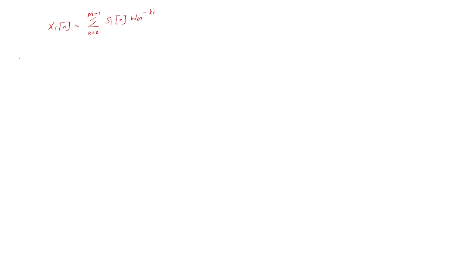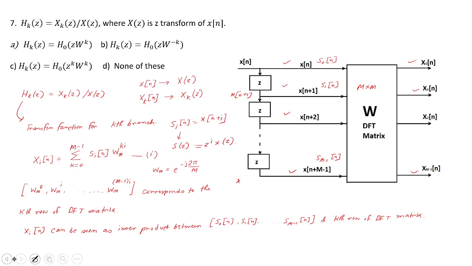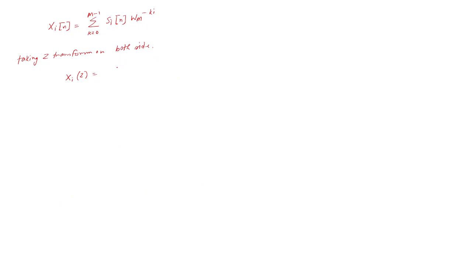Now take the z transform on both sides, you obtain X_i of z is equal to the sum of S_i of z times omega_m to the power minus ki.